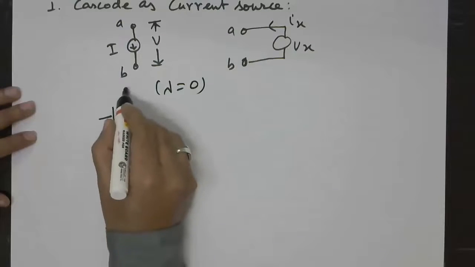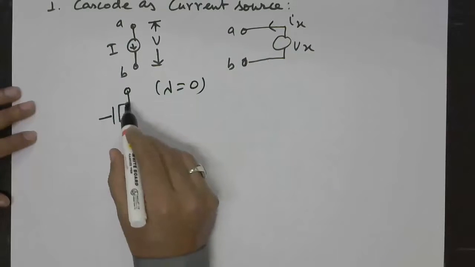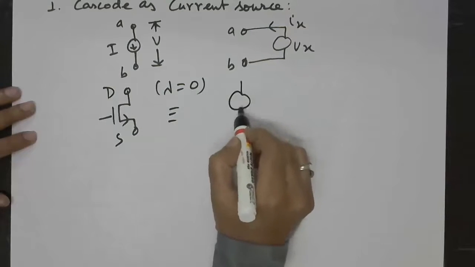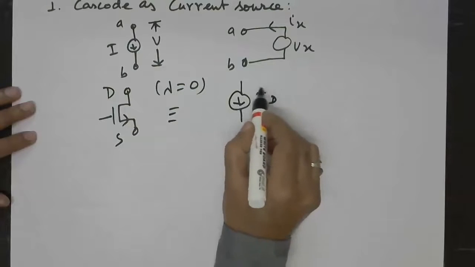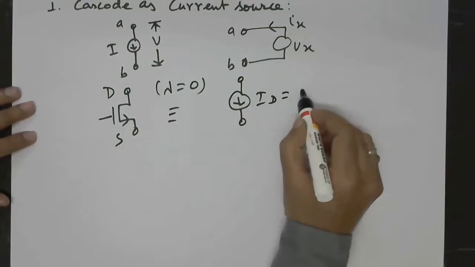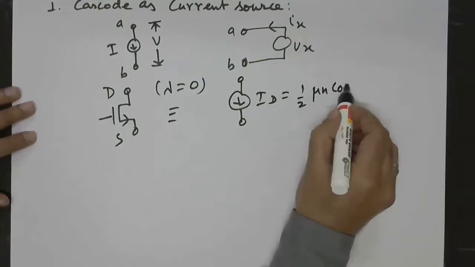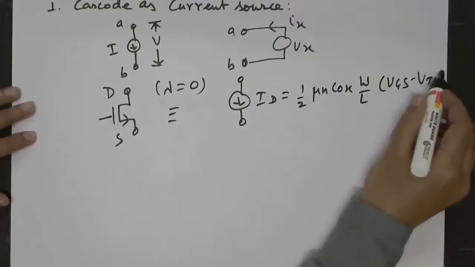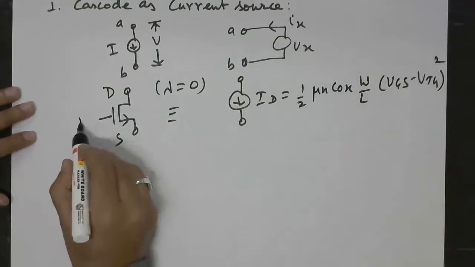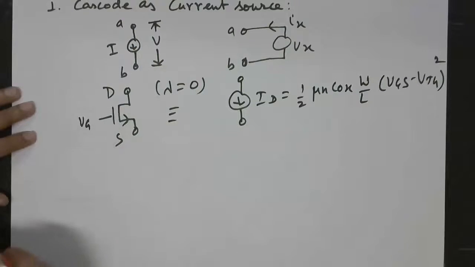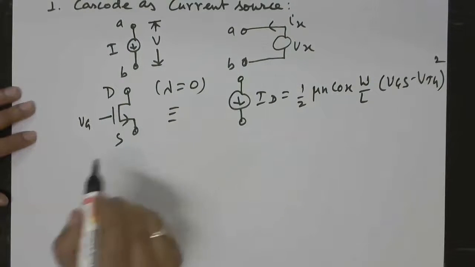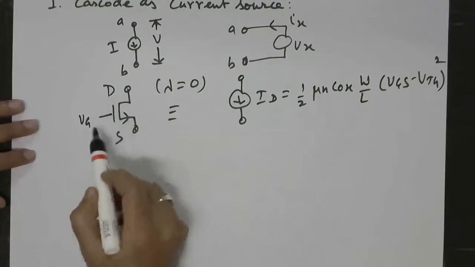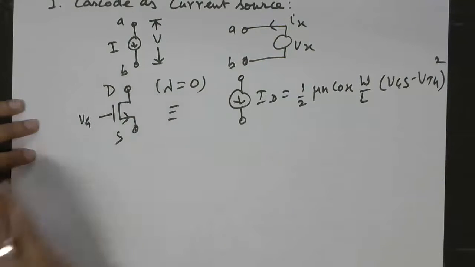In this case, between drain and source, it acts like a current source of value ID, where ID is 1/2 mu n COX W by L (VGS minus VTH) whole squared, provided you maintain the gate to source voltage constant. If we are using MOS under this assumption, then that is fine.